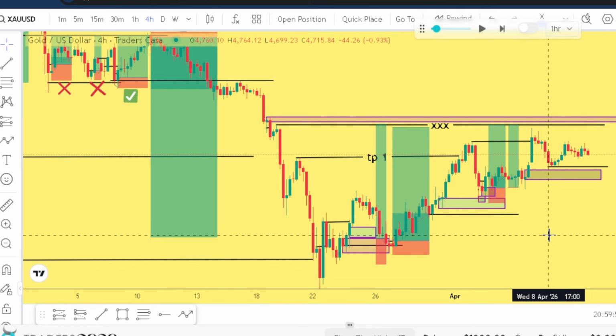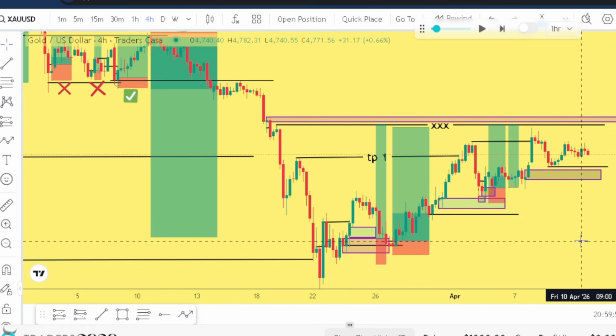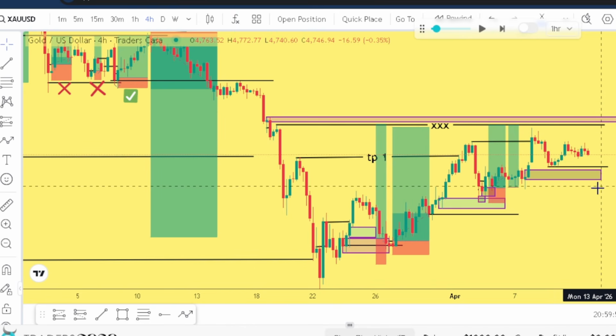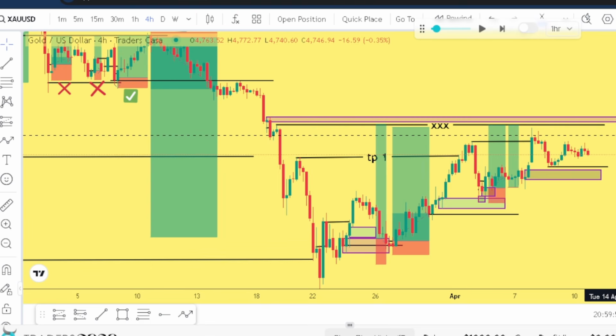Okay. So you can see that with this particular strategy, with advanced price action, if you do it right, like the way I've been doing it, and you follow your rules, you set proper risk management, you only risk what you are able to lose, then I guarantee you, you will be making massive profits.